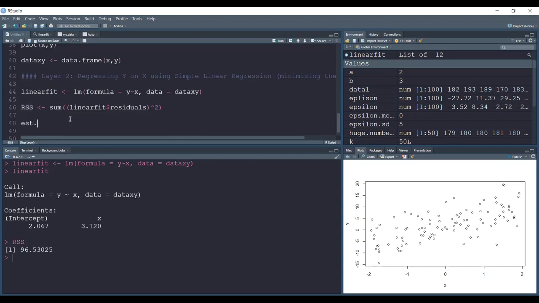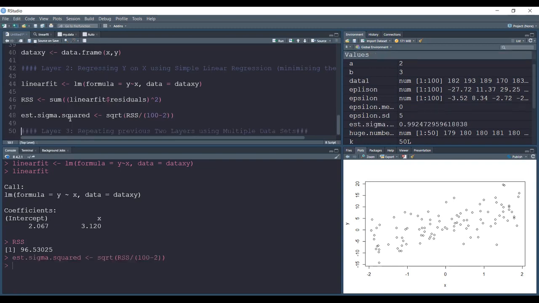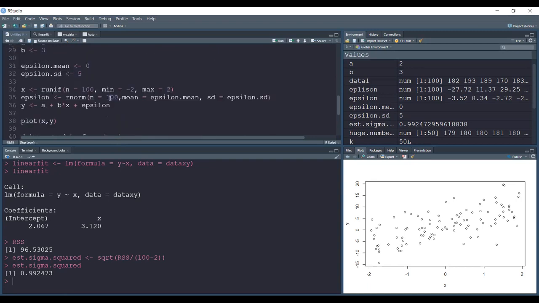Now, to calculate an estimate of sigma squared, we take the square root of the RSS divided by 100 minus 2. And look, that's 0.99. Ours was 5. I wonder... That's odd.